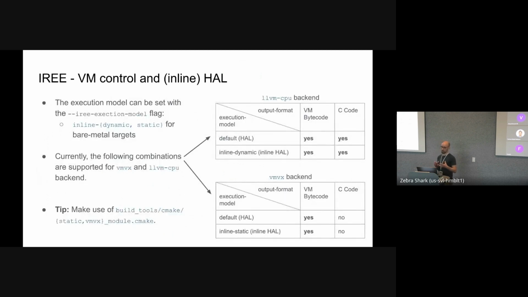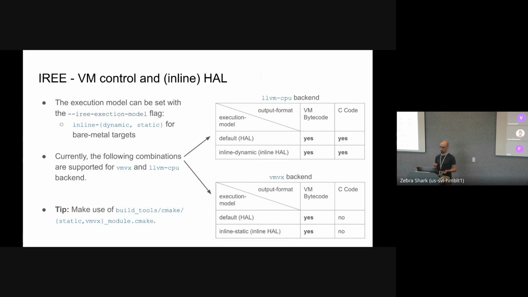This is actually the execution model, which you can control with the flag IREE execution model. So you can either go for inline dynamic or inline static for bare metal devices. We have different combinations supported. It also depends on whether you're emitting VM bytecode to control your HAL, or if you're using the C code generated with EmitC. There are different combinations supported.